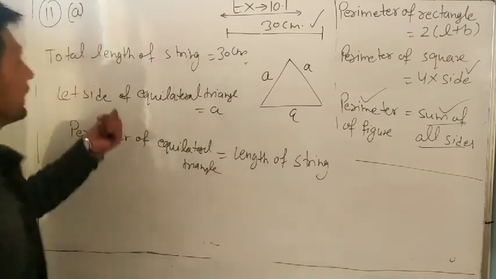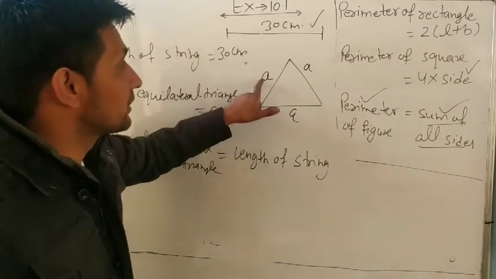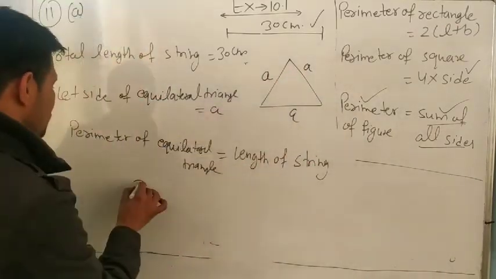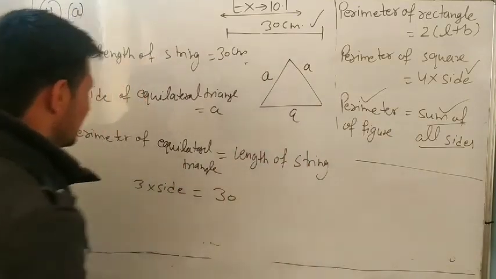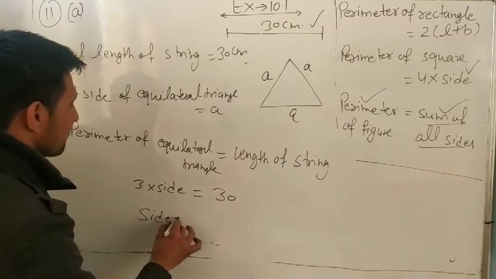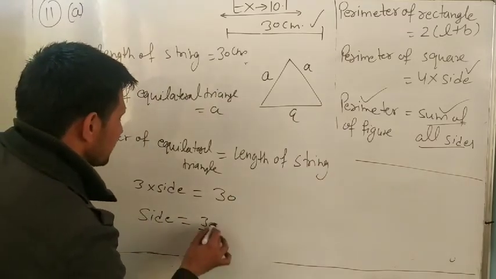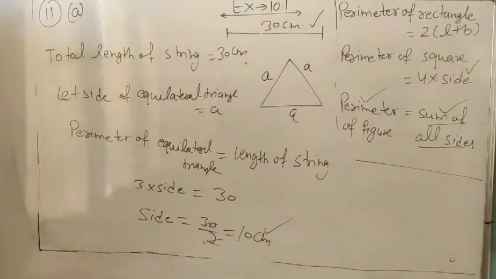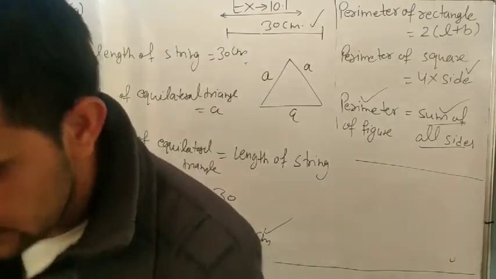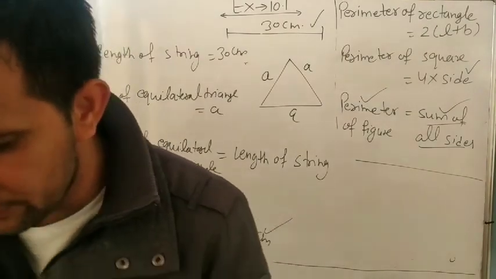And everyone knows equilateral triangle means perimeter 3 into side. So 3 into side equals the length of string, 30. So side, multiply on one side becomes divide. So what comes? It is 10 centimeter. Same as it is. Can you find the other part? Yes. So up to question number 11 we have already finished.